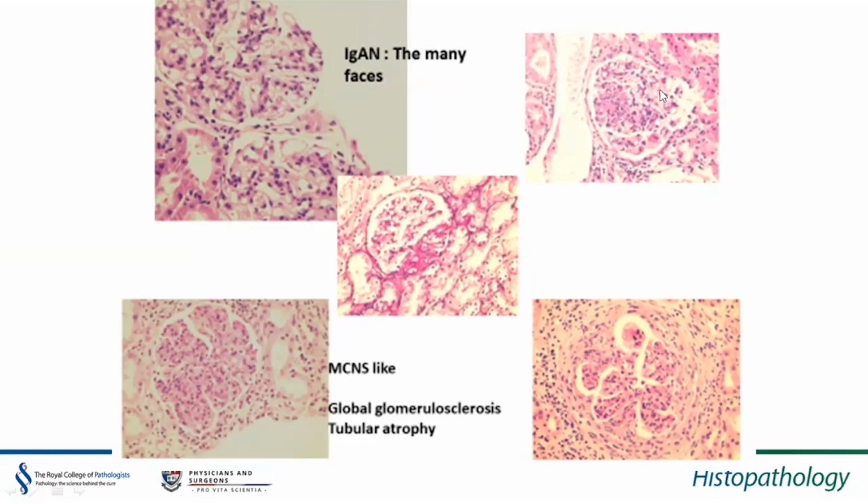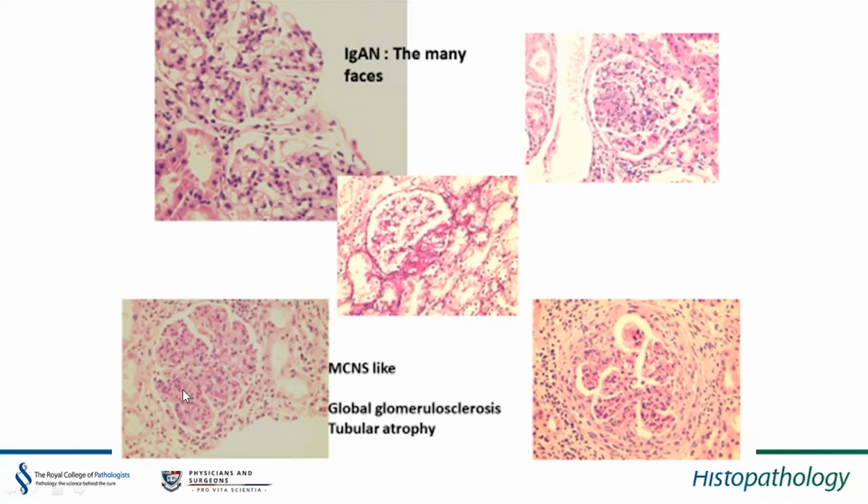Then you have this glomerulus, in which again there is hypercellularity, but it's segmental in nature, and there may even be necrotizing lesions over here. Here in this glomerulus, not only is it segmental, but it looks chronic, it looks sclerotic. So there is segmental sclerosis that has occurred over here. In this glomerulus, there's not only mesangial, but also endocapillary hypercellularity.